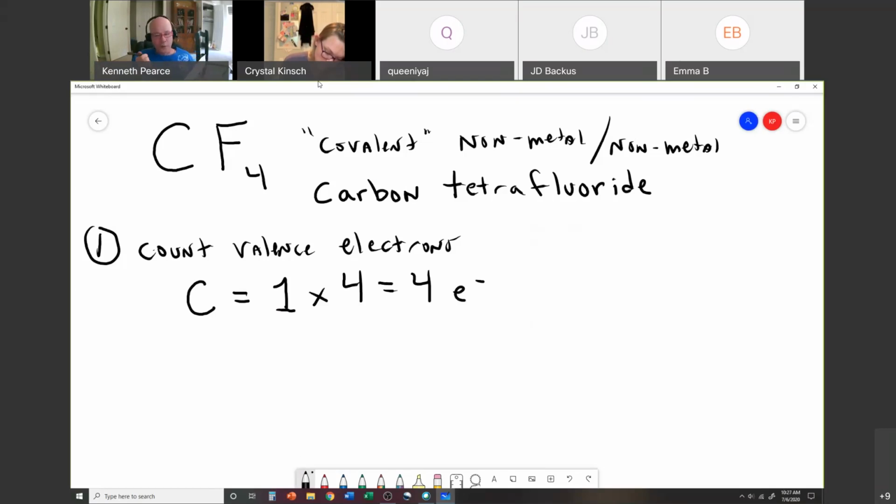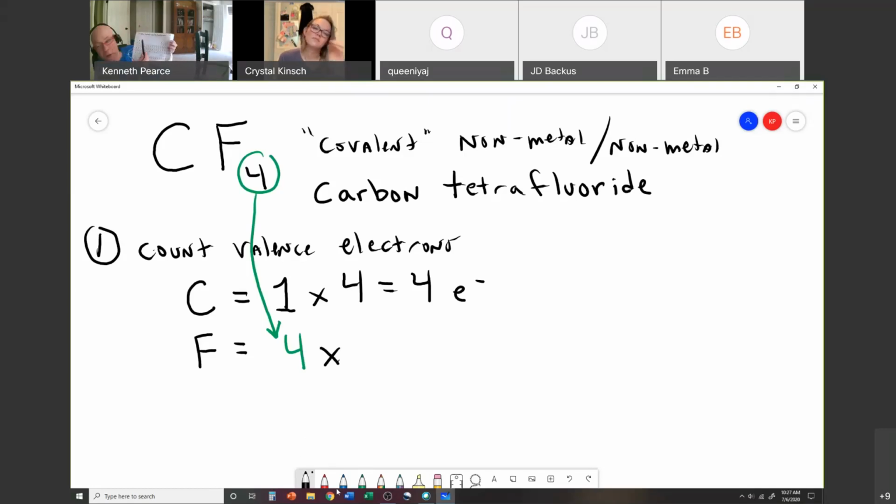Now remember, it's not the same as total, it's just valence. And then we look at fluorine, and we say there are 4 fluorines. So we say 4 fluorines times, and we look on our periodic table, and we look across, and we go 1, 2, 3, 4, 5, 6, 7.